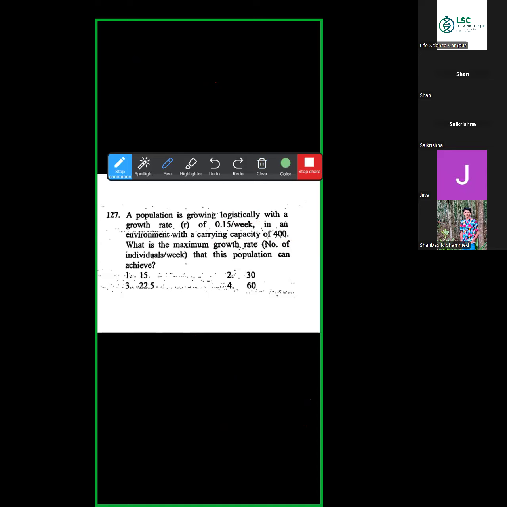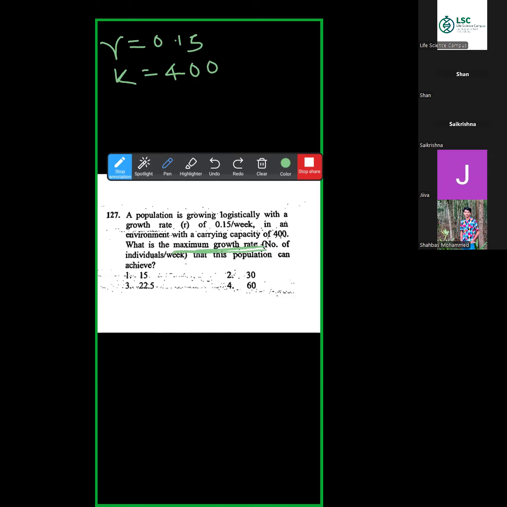So in the question, they have given R value 0.15 and K value as 400, and they are asking for the maximum growth rate. So we know that maximum growth rate is exhibited at half the carrying capacity.